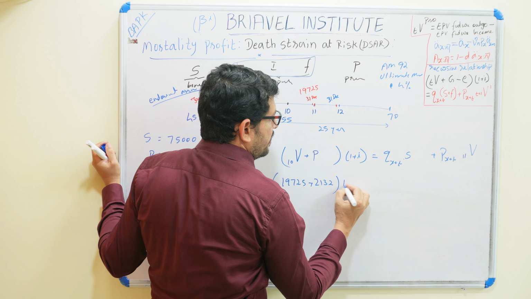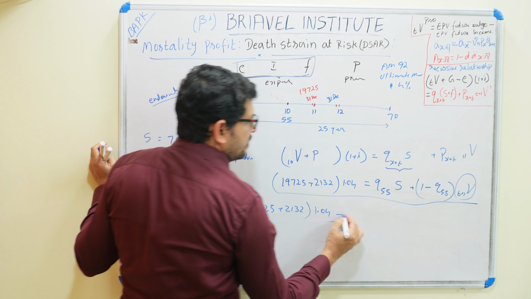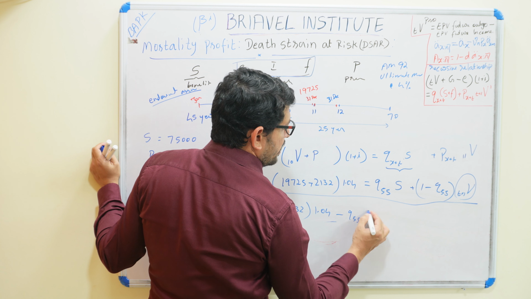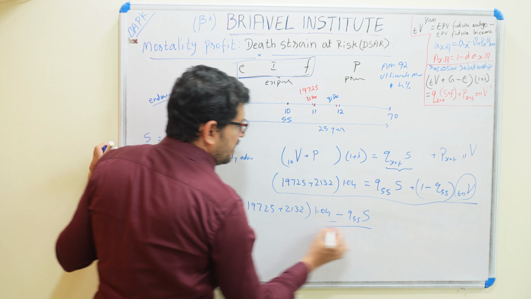Using the recursive relationship, we can find the next year t plus 1 V. How to find t plus 1 V? We can write 19,725 plus 2,132 times 1.04, minus of this q55, and divide by 1 minus q55. Using this formula, we can find t plus 1 V. This is my next year relationship.